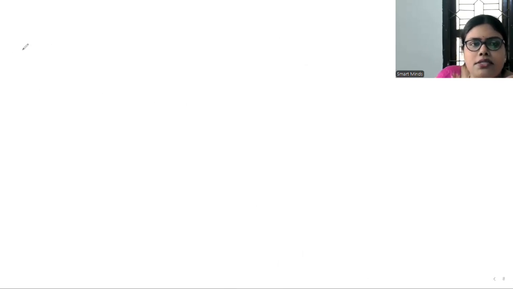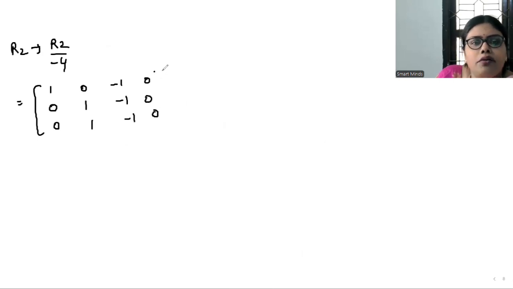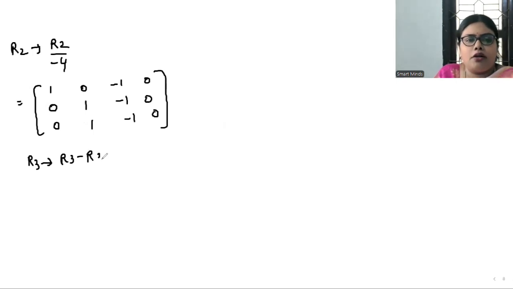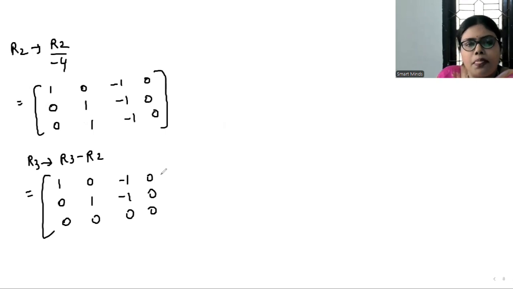So R2 is R2 by minus 4, and you will get [1, 0, -1, 0], [0, 1, -1, 0], [0, 1, -1, 0]. Now you can see the last two rows are the same, so we can make any one row completely zeros. So R3 is R3 minus R2. So you will get [1, 0, -1, 0], [0, 1, -1, 0], [0, 0, 0, 0].